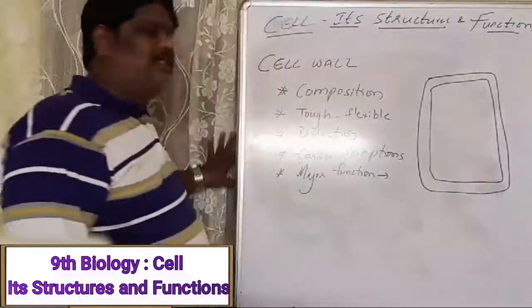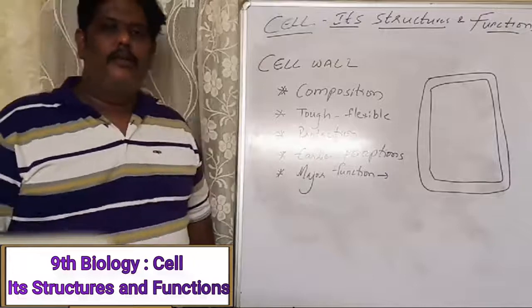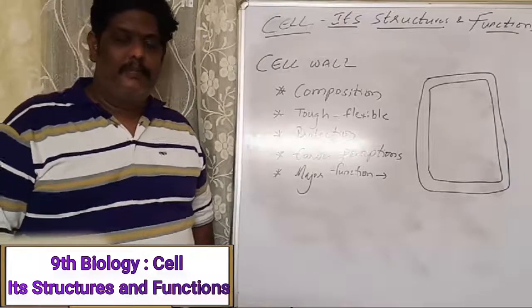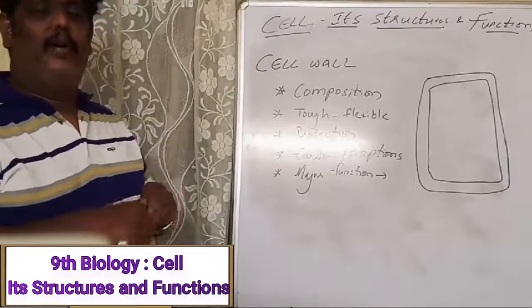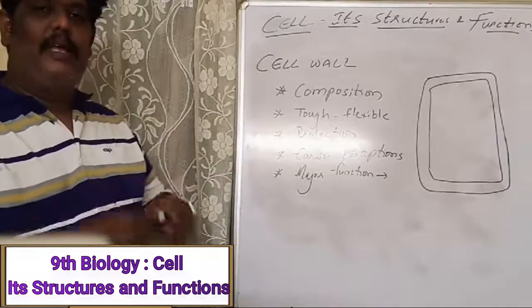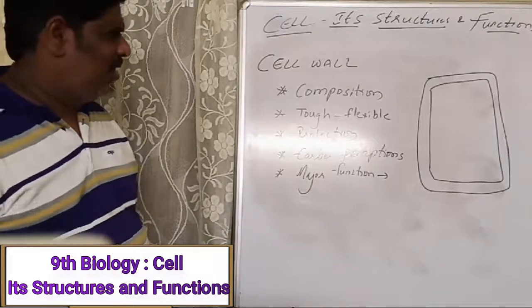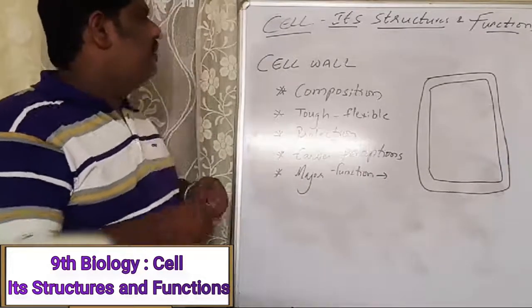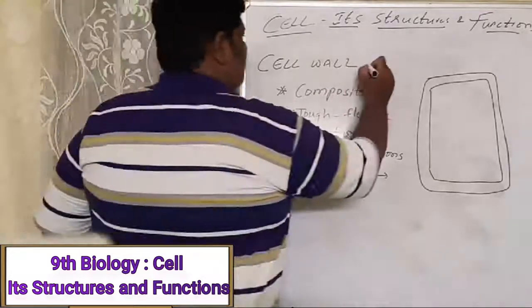They have a cell wall around the cell membrane or the plasma membrane. Now, why does a plant require a cell wall? What is the reason behind that? So that is what we are going to see now. We will see the basic functions of the cell wall.